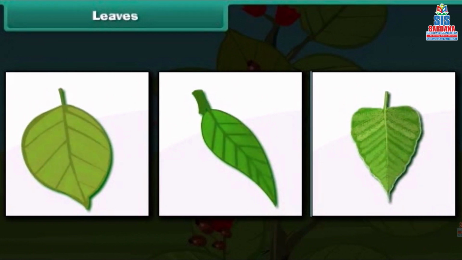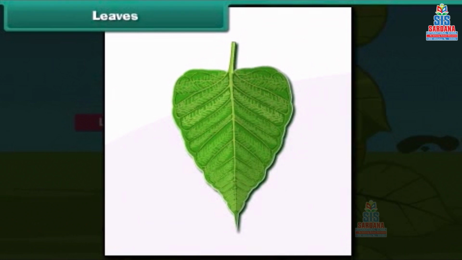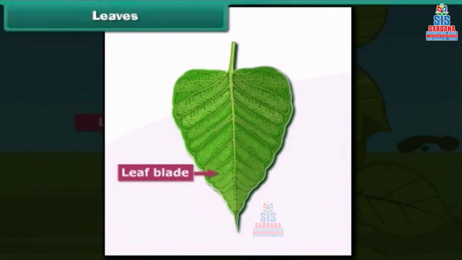Some of them have straight margins, while some have uneven margins. The flat part of a leaf is called leaf blade. Each leaf on its leaf blade has a main vein and many small veins connected to it. Through these veins, water is circulated throughout the leaf.